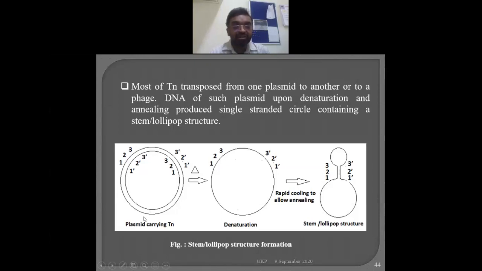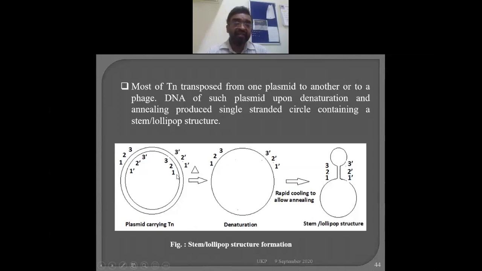Suppose this plasmid is carrying a transposable element and we denature it. We know that whenever double stranded DNA is converted into single stranded DNA, it is referred to as denaturation. Suppose we denature it, then the single stranded plasmid is obtained here.